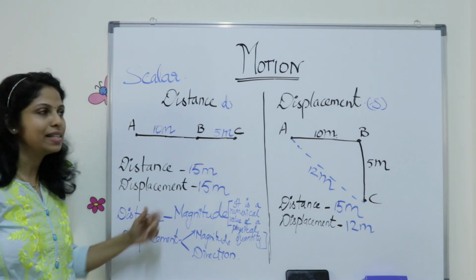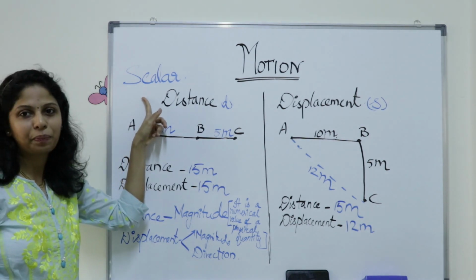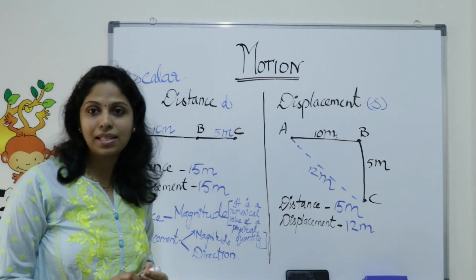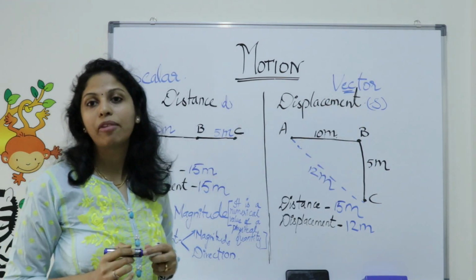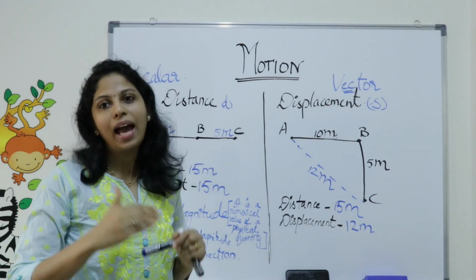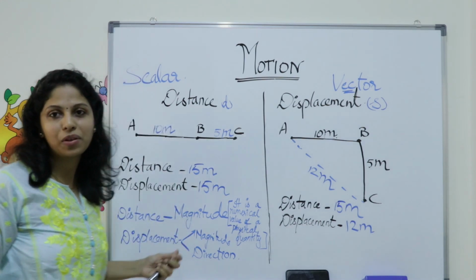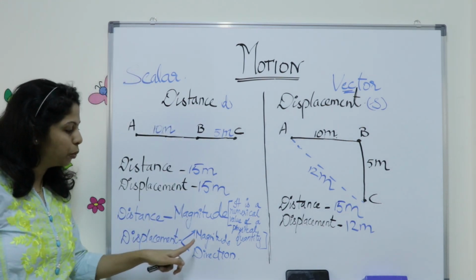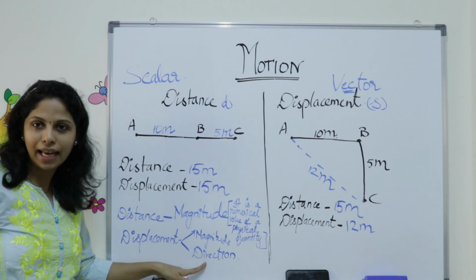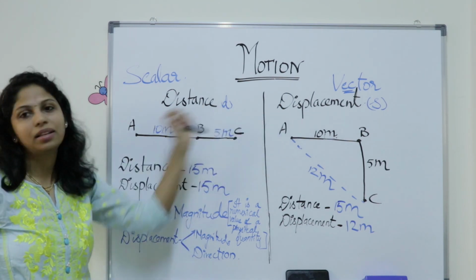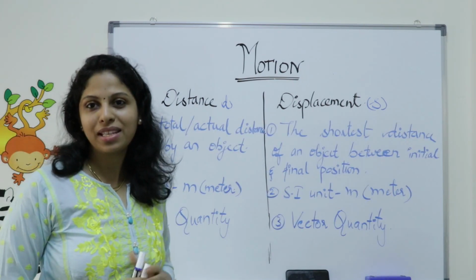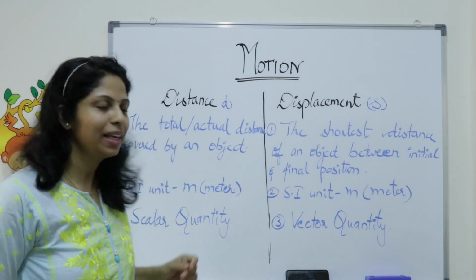Therefore, the distance is a scalar quantity. Whereas, what is meant by a vector quantity? Vector quantities are the quantities which have both magnitude and direction. So here if you see, the displacement has both magnitude and direction. Therefore, displacement is a vector quantity. So let us look into the differences between distance and displacement once again.